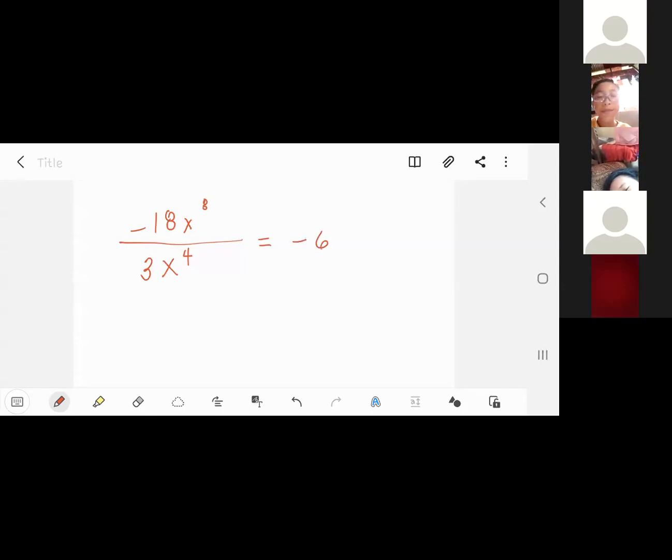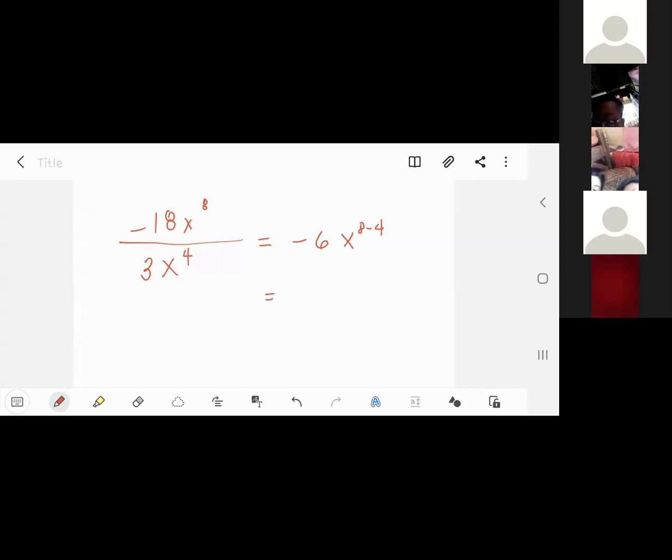Okay, very good. Next, your exponents. X to the power of 8 divided by x to the power of 4. Which is bigger, 8 or 4? 8. So we subtract at 8. Where is 8, in the numerator or the denominator? Numerator. So we subtract in the numerator. Follow?